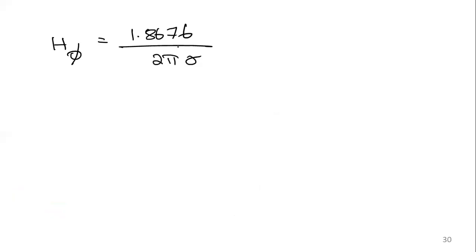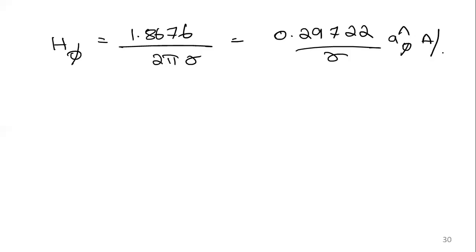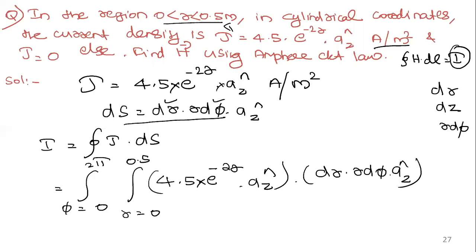From this you will get H phi is equal to 1.8676 by 2 pi r. You can substitute 2 pi r and everything, and finally you will get 0.29722 by r, with the value of r substituted, in a-phi ampere per meter. So this is how we calculate the field intensity by using Ampere's Circuital Law.